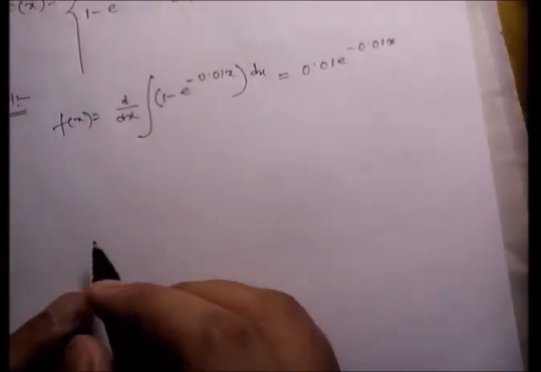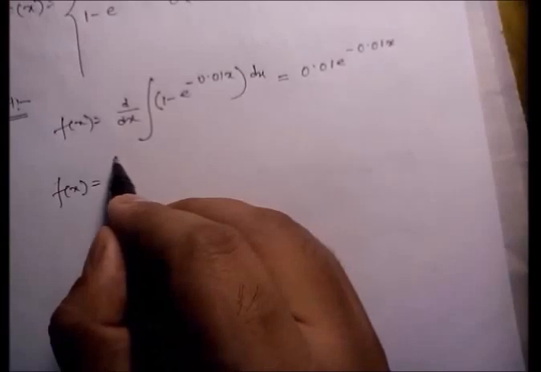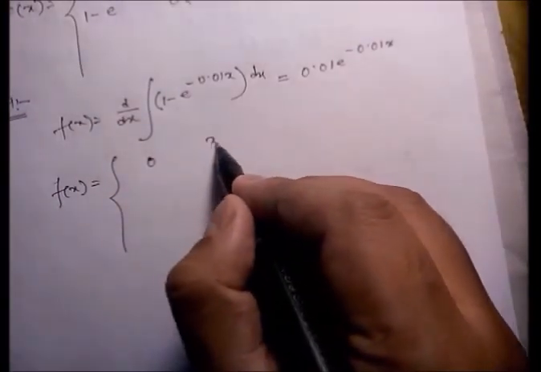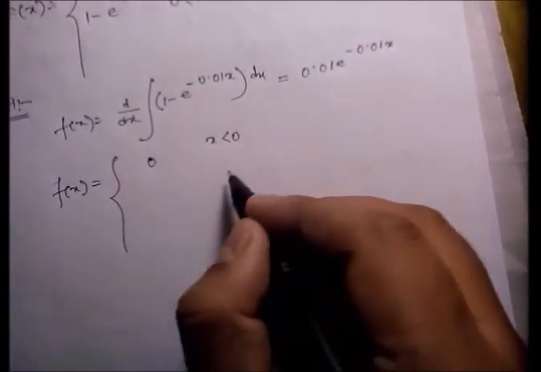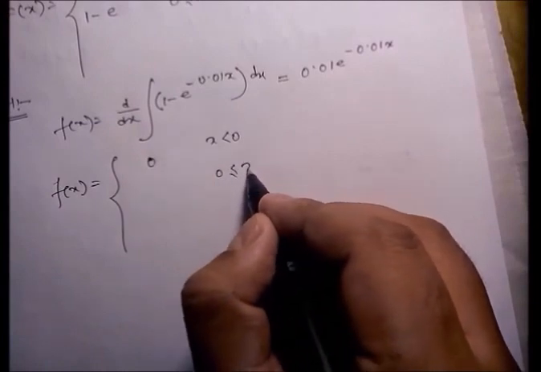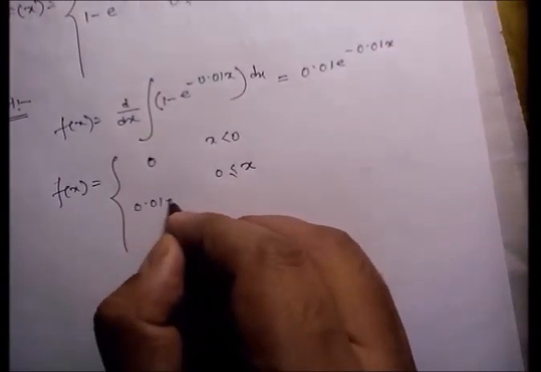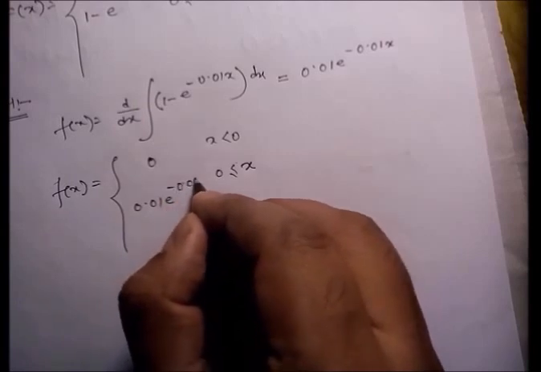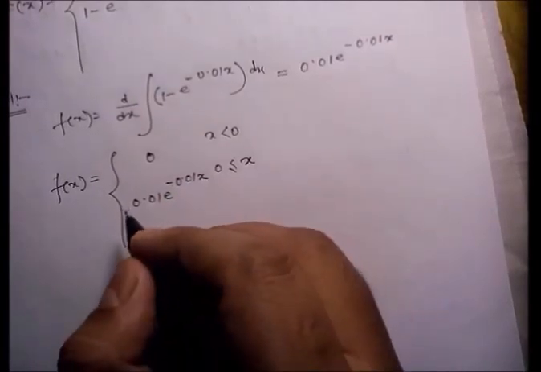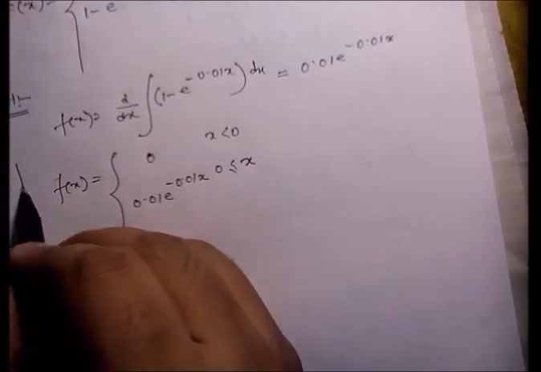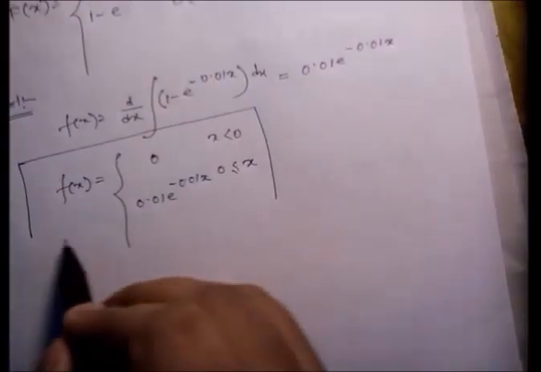That means the probability density function is 0 if x is less than 0, and if x is greater than or equal to 0, it is 0.01 e to the power minus 0.01x. So it is nothing but our probability density function.